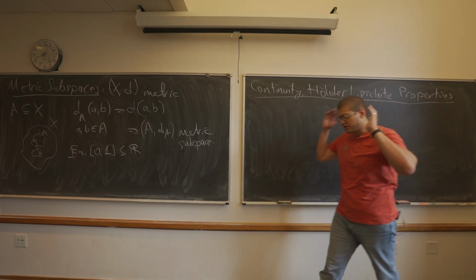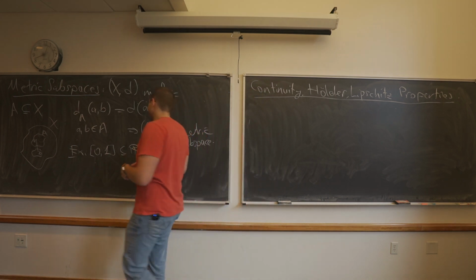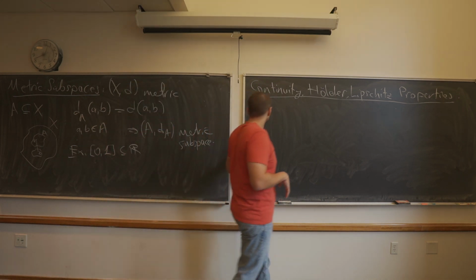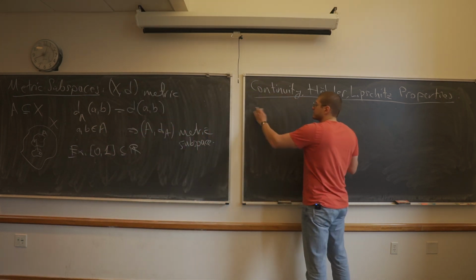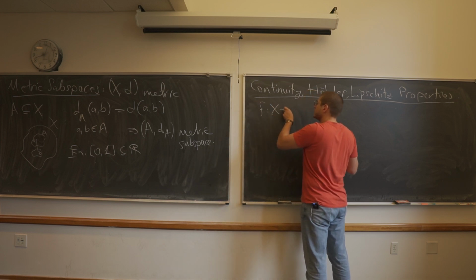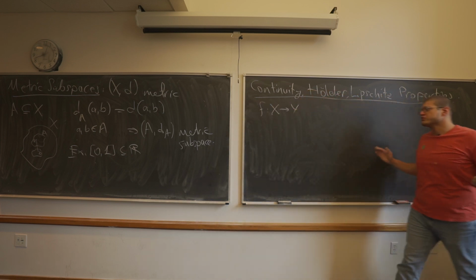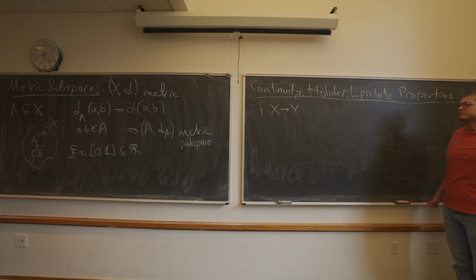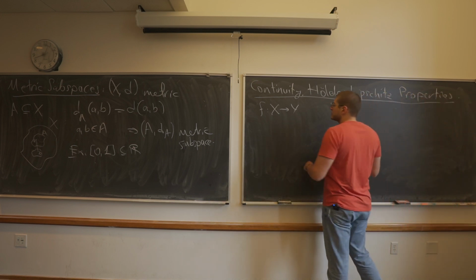If I just write a capital letter X, that's a metric space. I'm not even going to mention or write down the distance. So I take a function from X to Y. Both of them are metric spaces. So X has its own metric, Y has its own metric.